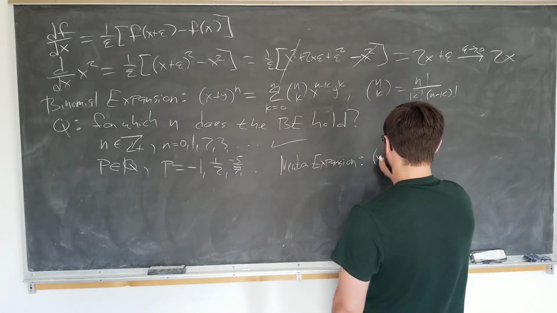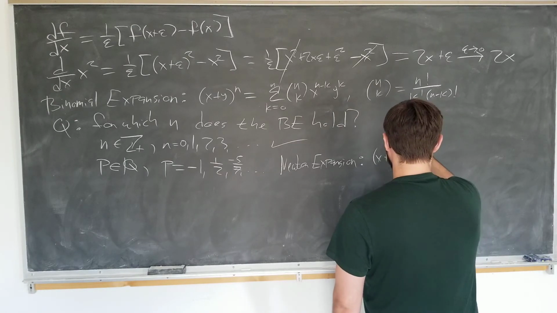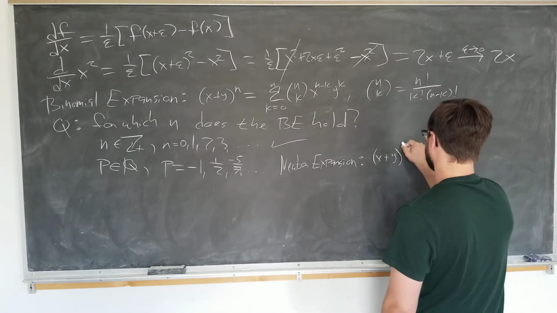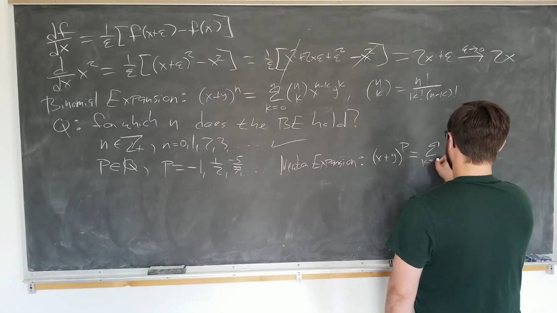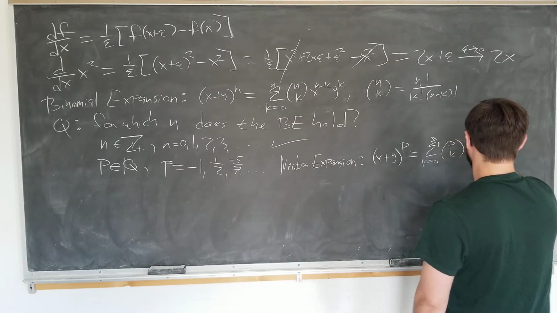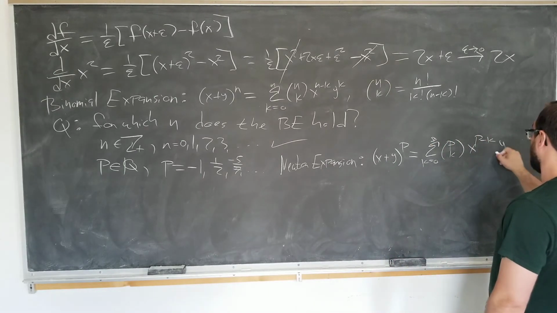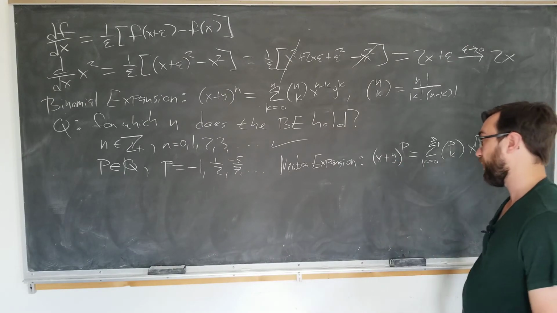Basically, we'll have (x+y)^p, the p power rather, be the sum from k equals 0 to infinity of p choose k, x^(p-k), y^k. That's all we have to do to have this proof hold for the rational numbers.